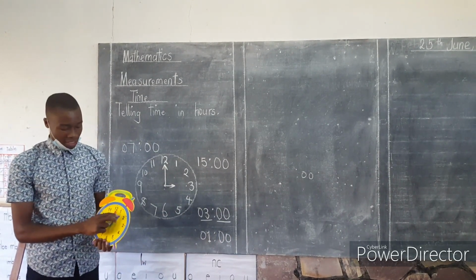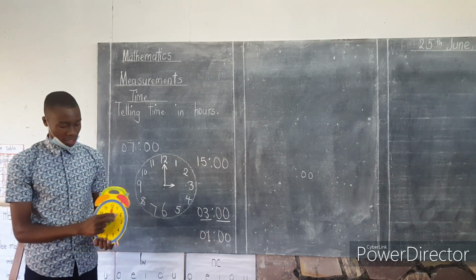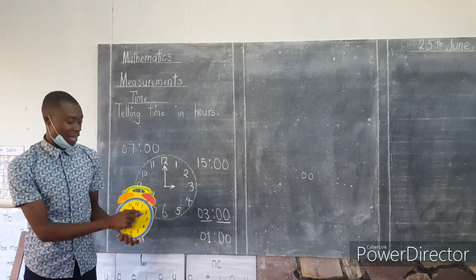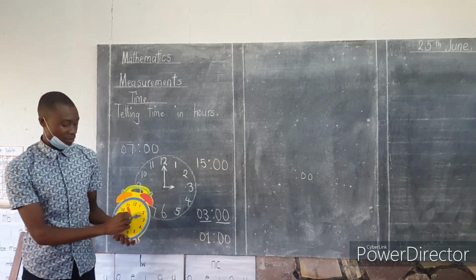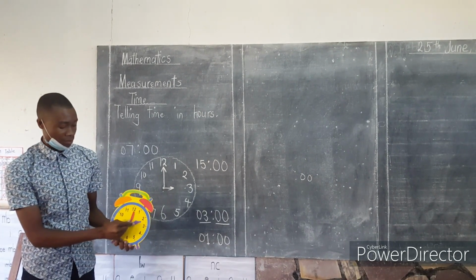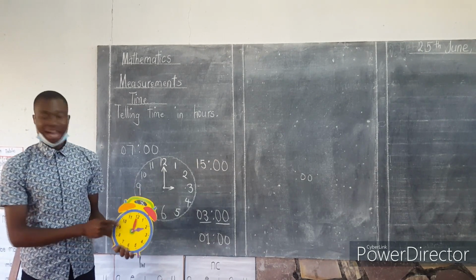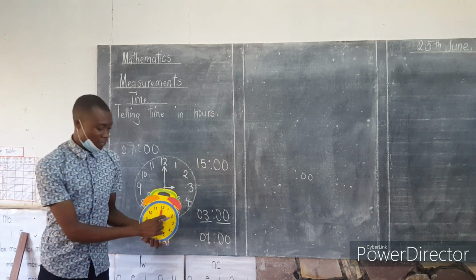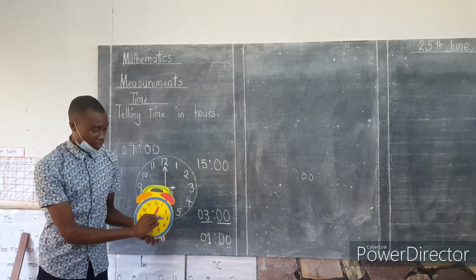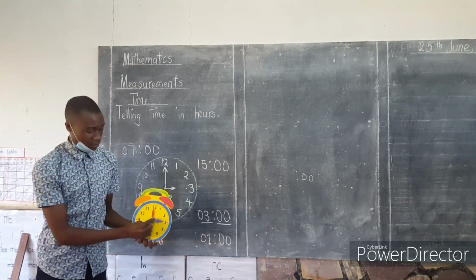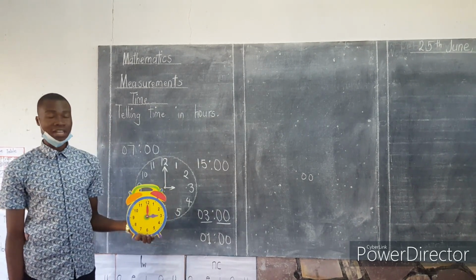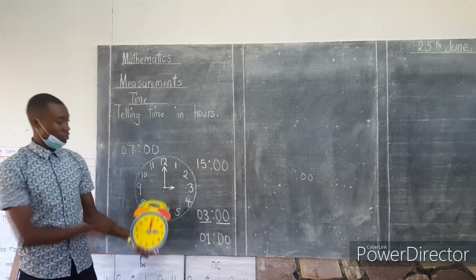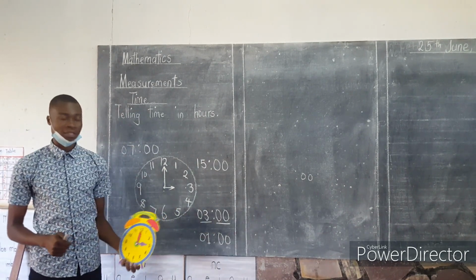If the short hand is pointing at 2, then that becomes 02 hours. If the short hand is pointing at 3, it becomes 03 hours, which is also shown on the clock on the board there.